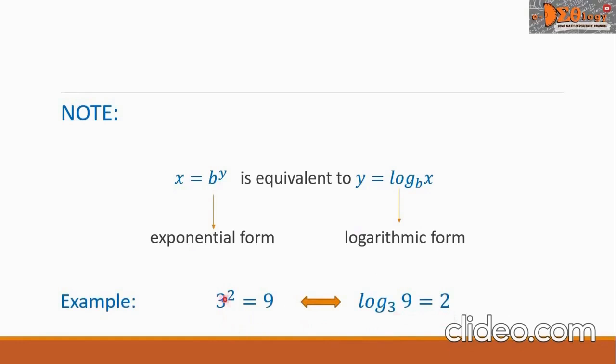Take note, the number 3 here is the base of the exponent, and in the logarithm, the number 3 is also the base. The number 2 is the exponent, and that is the logarithm value of the logarithmic form. And this number 9 is the same number for the logarithm.